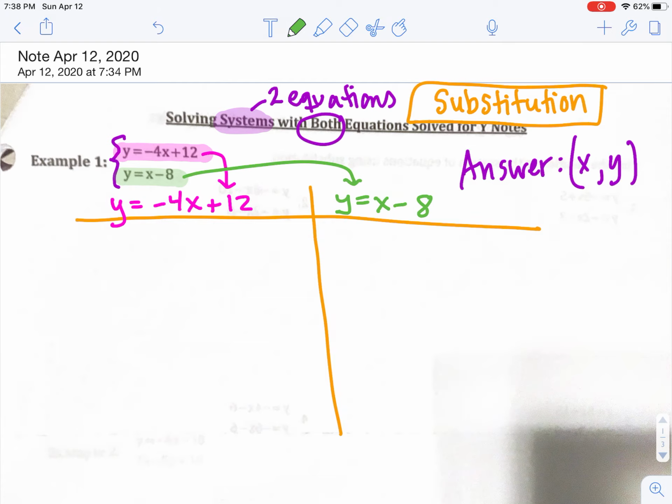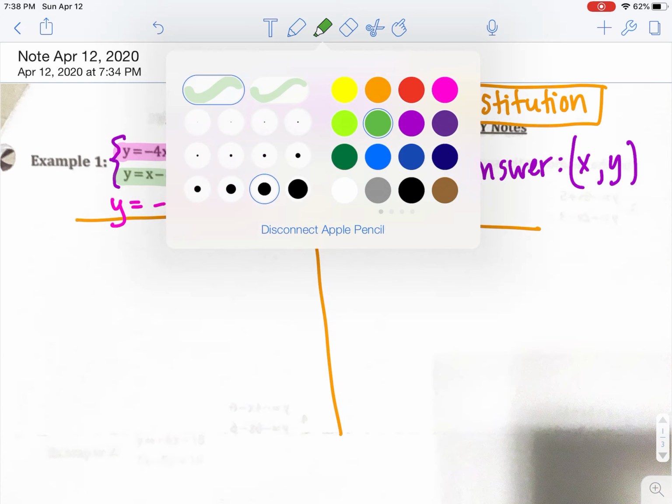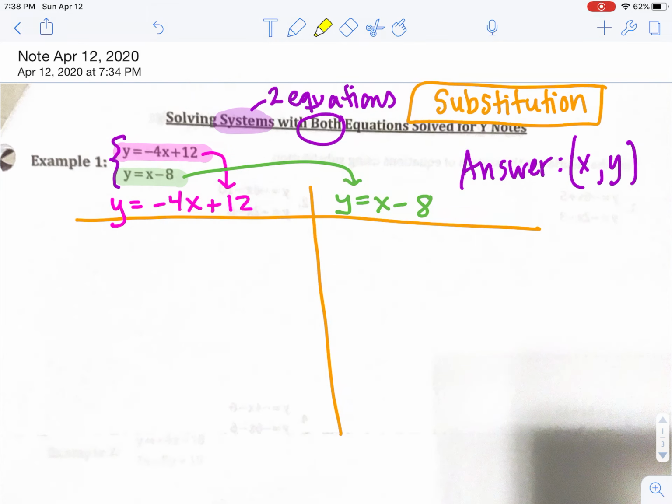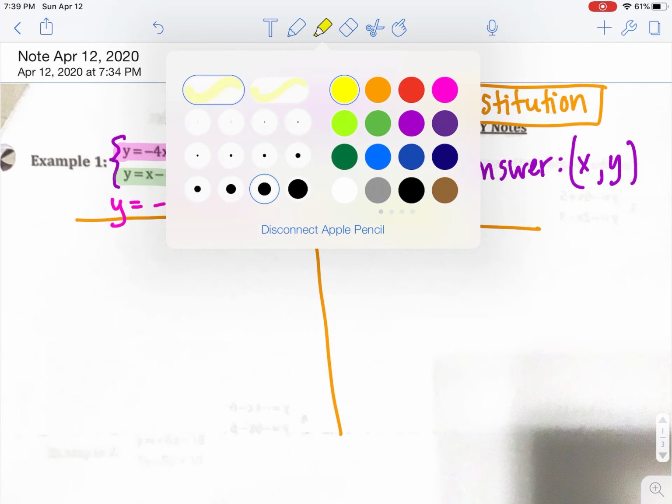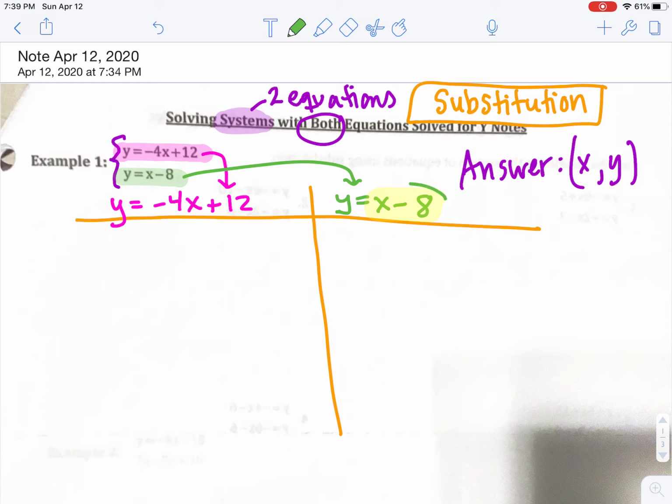Okay, once you have both equations, now what you're going to do is take the right-hand side of one of these equations, and it really doesn't matter which one. I'm going to go over here to the right, and I'm going to take that part of it that was just on the right. See how it said y equals x minus 8? I'm just going to take this x minus 8 part, and I'm going to substitute or replace it for the y over here on the left.